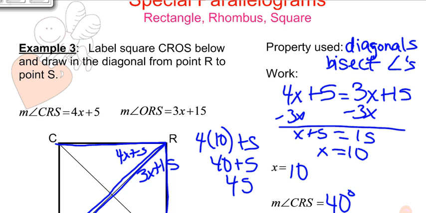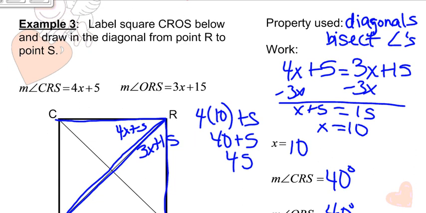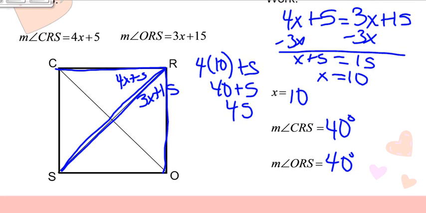Okay, so here we should have used that diagonals bisect the angles. You could have also used the fact that you knew that squares had a right angle, and if you cut a right angle in half, it's 45. So you could have also done 4x plus 5 equals 45 and solved.